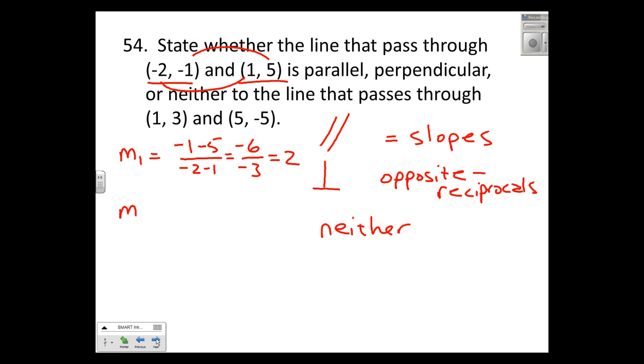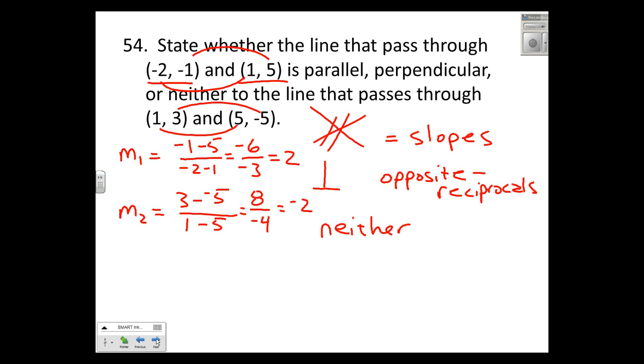And then slope 2, the y's change from 3 to -5 as the x changes from 1 to 5, giving me -8 on 4, or -2. So our slopes are not equal. They are opposites, 2 and -2, but they are not reciprocals. Therefore, they are neither parallel nor perpendicular.